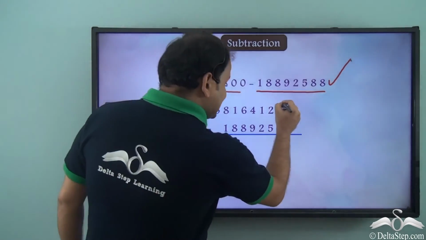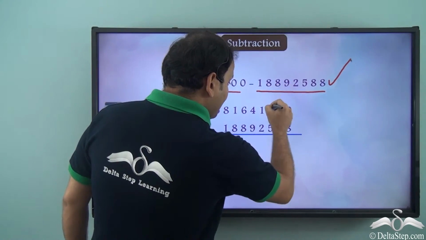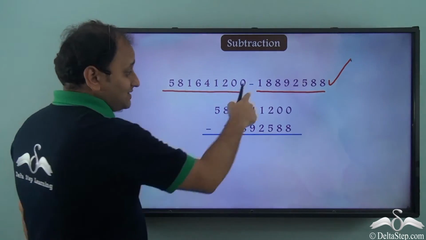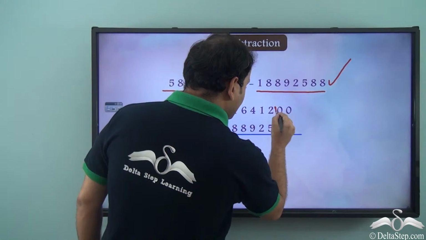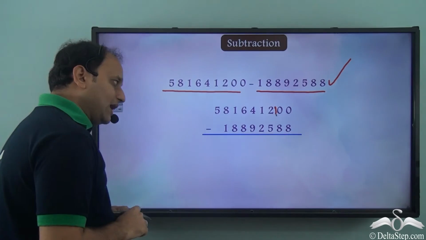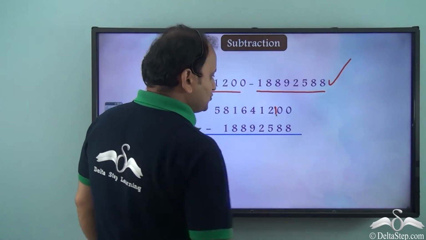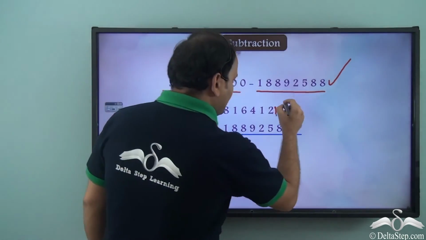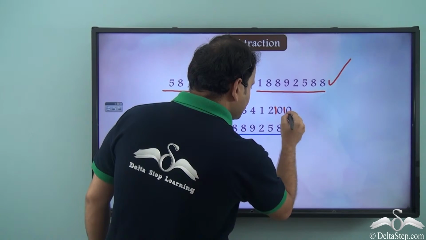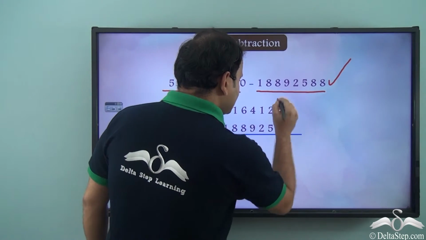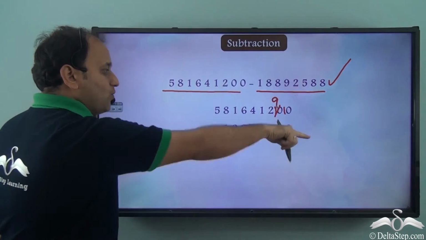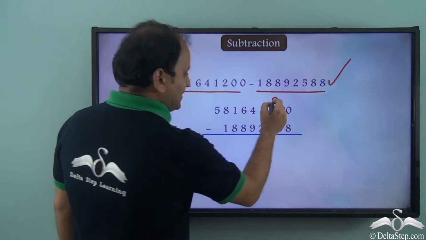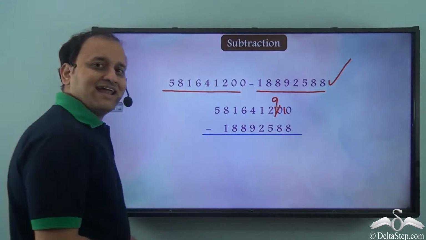So this 0 will again borrow 1 from 2, that is the number to the left of it. So now this becomes 10. Now this can give 1 to this 0. So now we'll have 1 here. So this becomes 10 and this becomes 9 because 10 gave 1 to this number. So now this is 9.